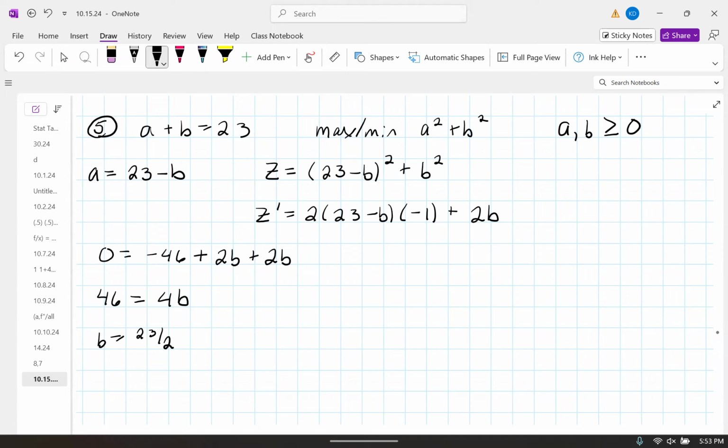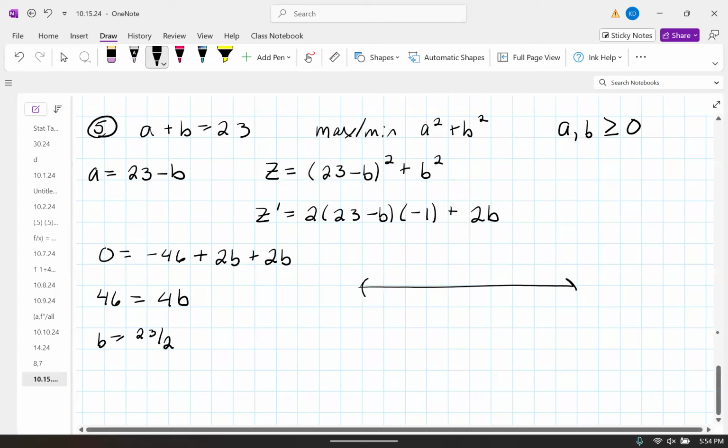Well, based on derivatives, how do we know if something's a max or a min? Plug in something. Yeah. So if we do our test values, here's my 23 over 2. If it goes increasing, decreasing, that's a maximum. The other way, it's a minimum. The other way we could do this, half it.